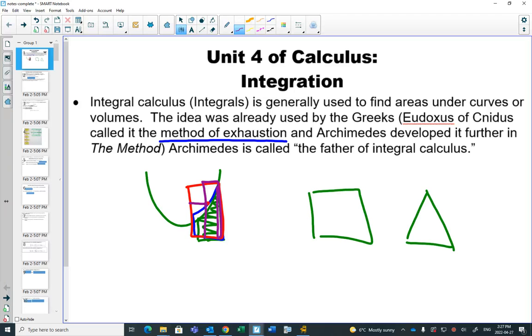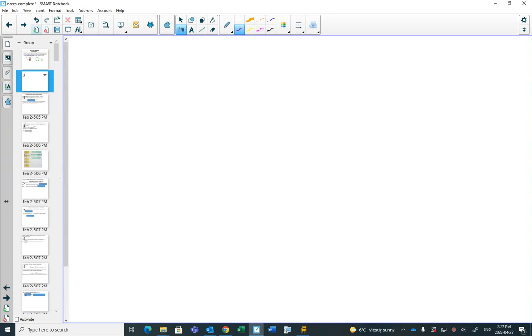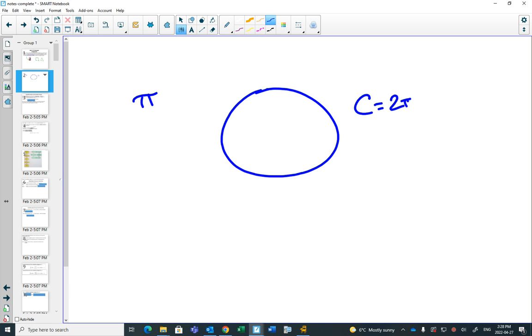In fact, just some stories about Archimedes, okay? First of all, Archimedes was able to find pi as close as he wanted to with his method of exhaustion, okay? And because he could find pi as close as he wanted to, he was able to correctly get the circumference formula as 2 pi r.